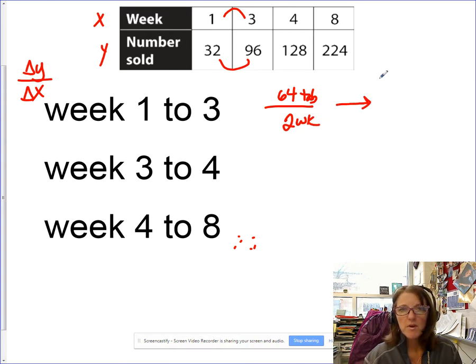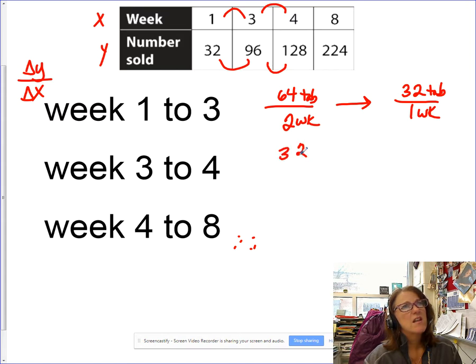Put that in unit rate form. So divide 64 by 2. That gives you 32 tablets in 1 week. Next interval. I went from 96 to 128. That is 32 tablets. And from 3 to 4 is 1 week. 32 tablets in 1 week.